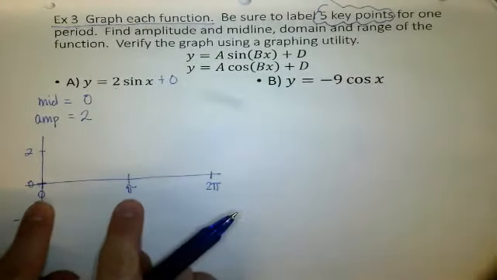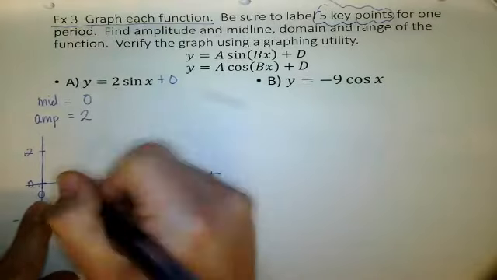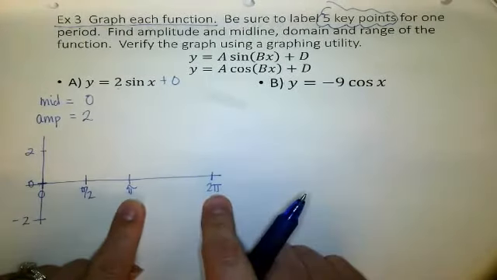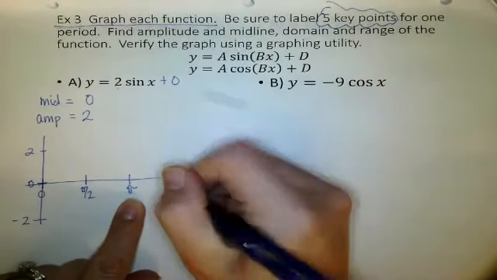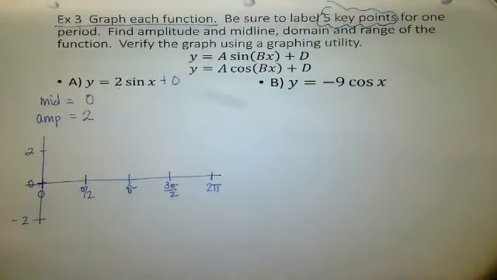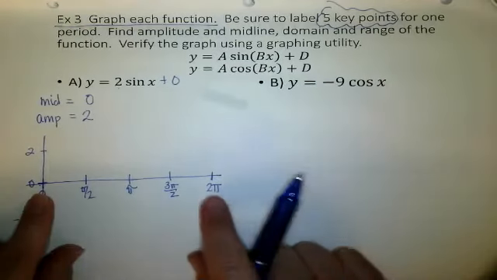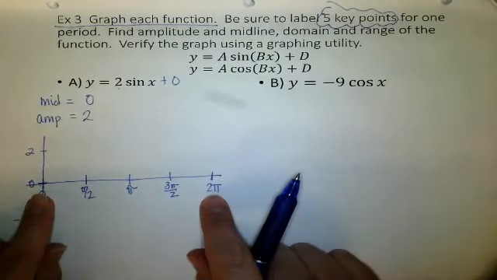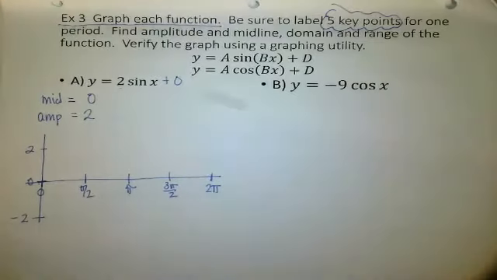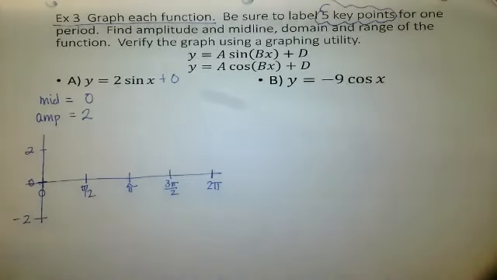What's halfway between 0 and pi? Pi over 2. And what's halfway between pi and 2 pi? 3 pi over 2. Every single time, I want you to graph the first 0 and the 2 pi, the beginning and the end, then the middle, then the middle, then the middle again, okay? And when you do it that way, your graphs will always be very, very good.